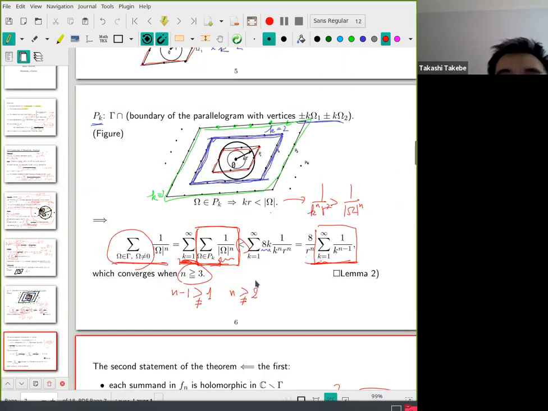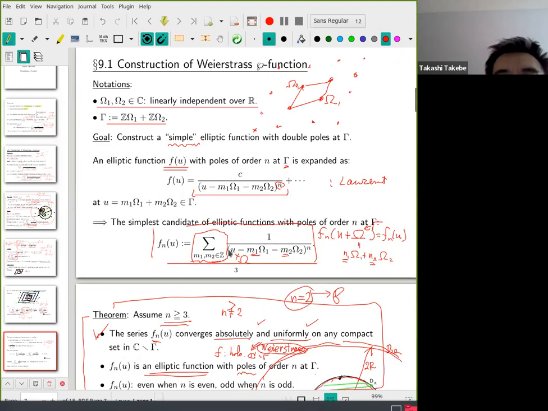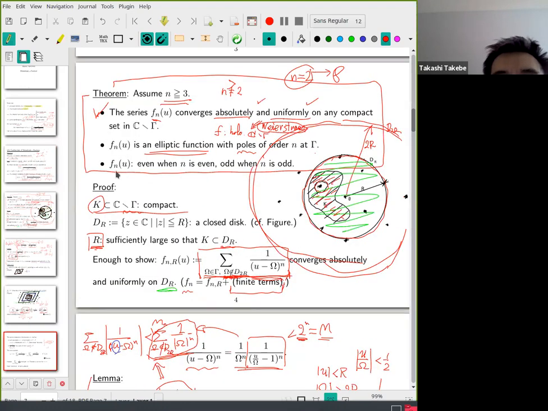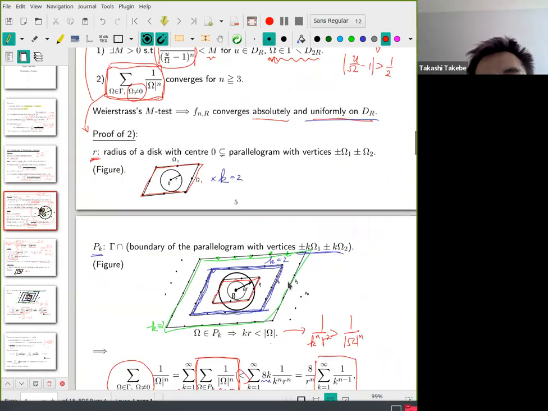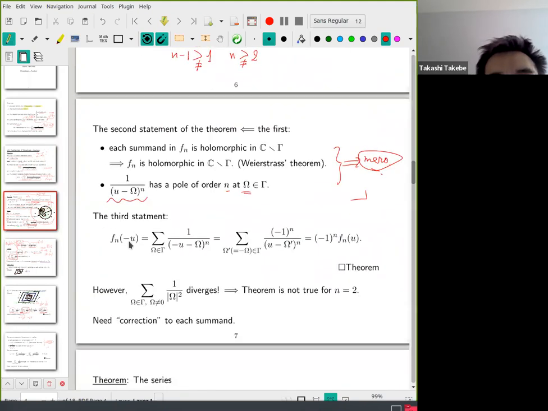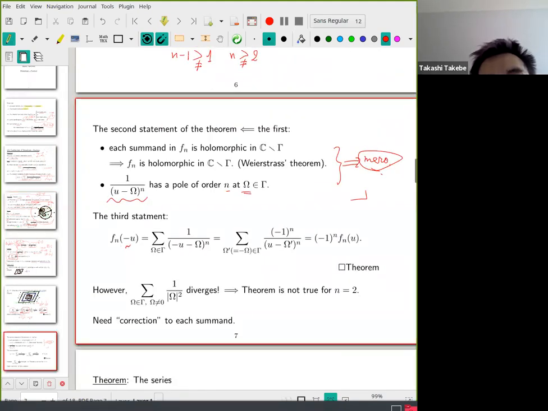So we have constructed some elliptic function, and for later use, let's prove this parity. And this is also simple because, well, just substitute minus u for u. This is it. And replace omega by minus omega.